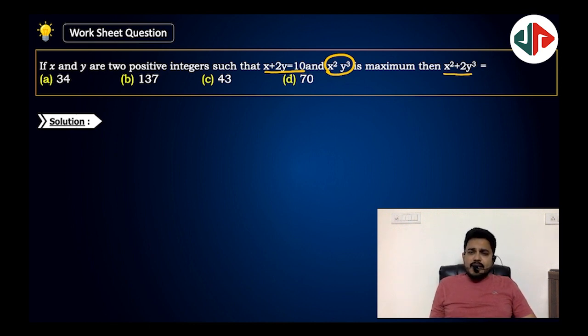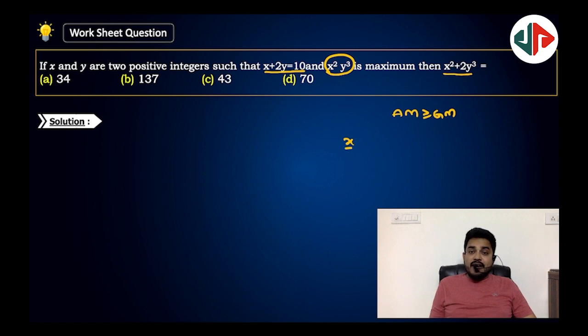So what is this? Here it is arithmetic mean greater than or equal to geometric mean. Here x square y cube is there, so I need x square.